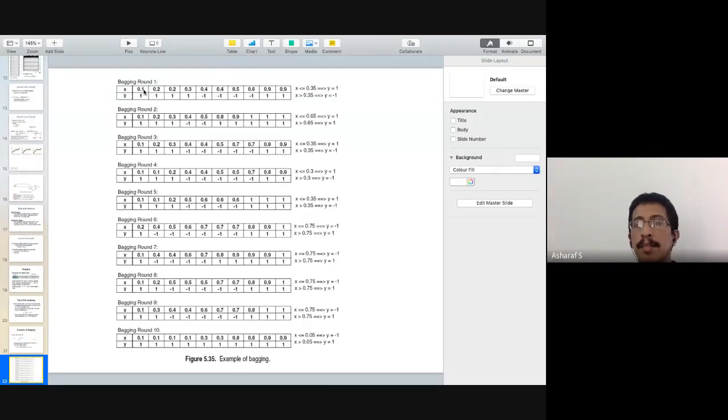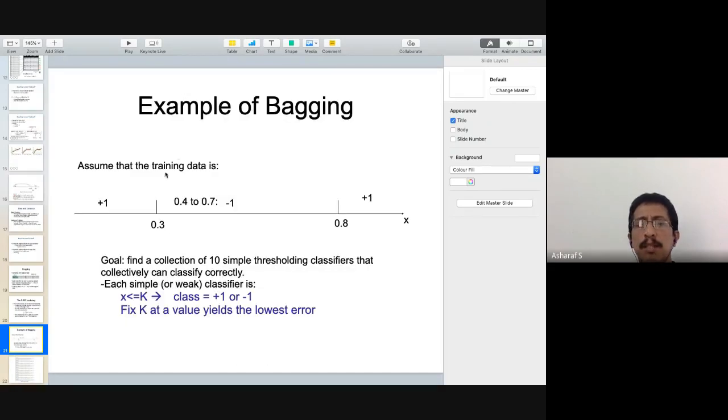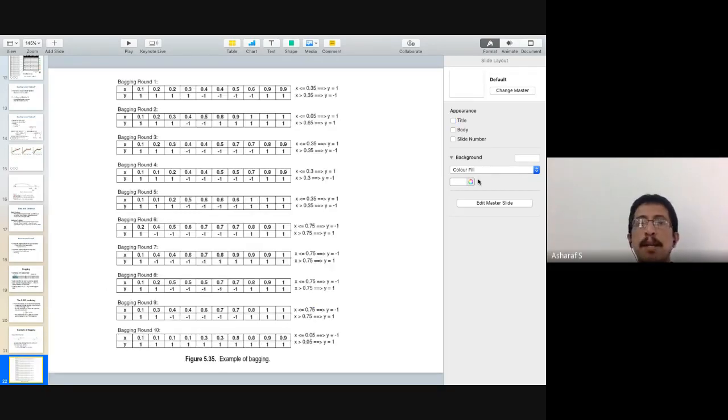My first data point is 0.1, then 0.2, with replacement. 0.1, 0.2, 0.3, 0.4, 0.5, 0.6, 0.7 up to 0.9 is the original data set I sampled. I get the labels because my threshold for this particular round is fixed at 0.35. If it is less than 0.35, I put it in one class. Otherwise, I put it in the other class: greater than 0.35 is -1.